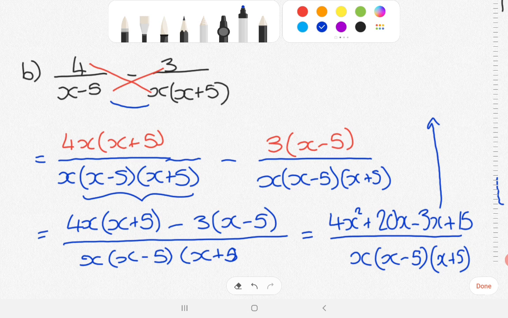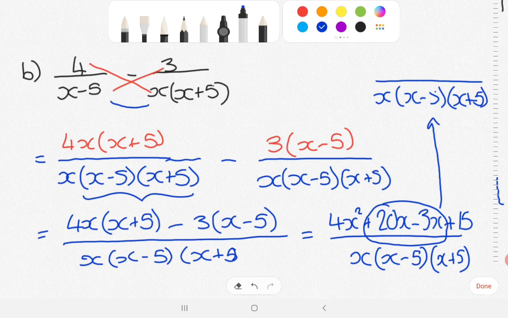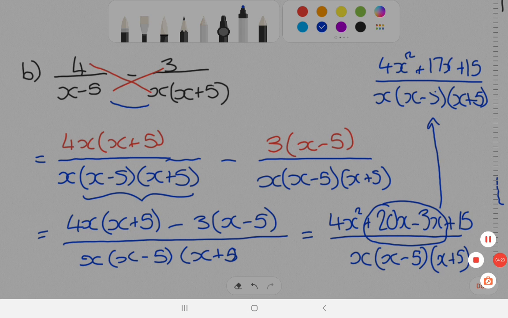The final step is to tidy up that numerator completely. So we would have x times x minus 5 times x plus 5 on the bottom, and on the top, the only things that we can bring together are the plus 20x minus 3x, so 20x take away 3x would be 17x, so I've got 4x squared plus 17x plus 15. So that should help with A and B in question 4.